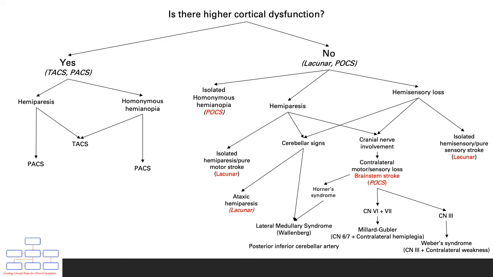And with your patients with cerebellar signs, if the patient has an isolated ataxia with hemiparesis, it is likely to be a lacunar infarct, as I've mentioned before. So strokes that present with a constellation of cerebellar signs, such as ataxia, nystagmus, vertigo, coupled with Horner's syndrome, should really start getting you thinking about lateral medullary syndrome.